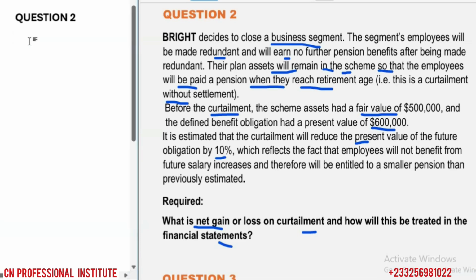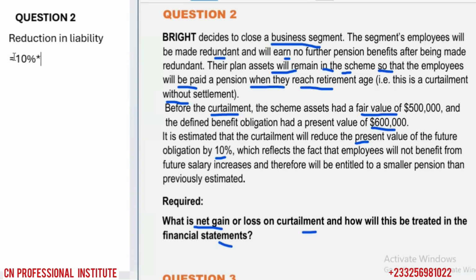Okay, now let's look at the reduction in obligation. So the reduction in the liability, we're told that the reduction is 10%. Are you following? So that will be 10% of the liability, because it said we expect the liability to reduce by 10%.